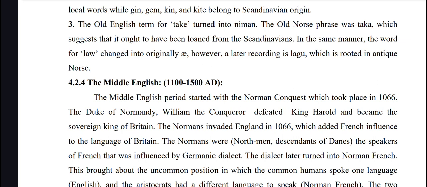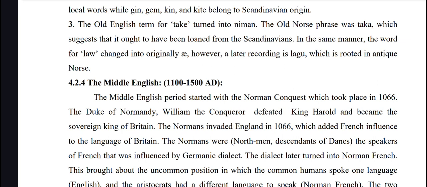The Middle English period started with the Norman conquest, which took place in 1066.